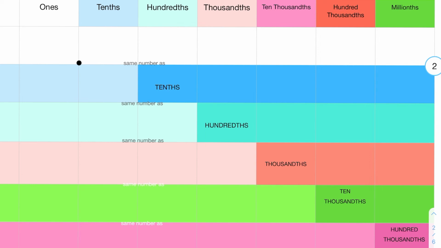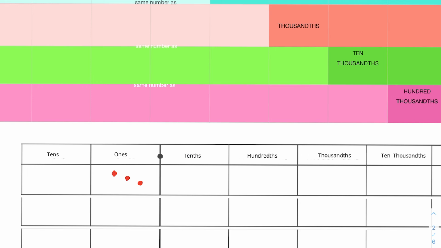If we had the number 3 and we had 0 tenths, we could rename this decimal as 30 tenths, because if we had 3 ones and 0 tenths, we would still be able to name this 30 tenths. If we had 0 hundredths, which is the exact same thing, it would now be called 300 hundredths.